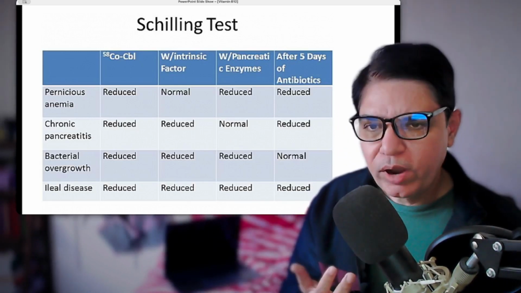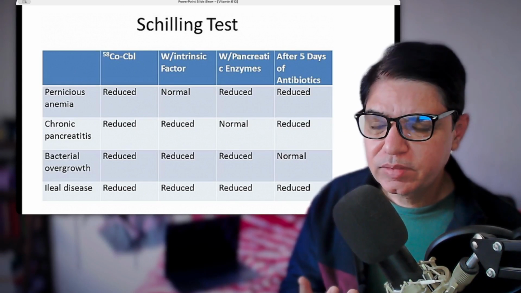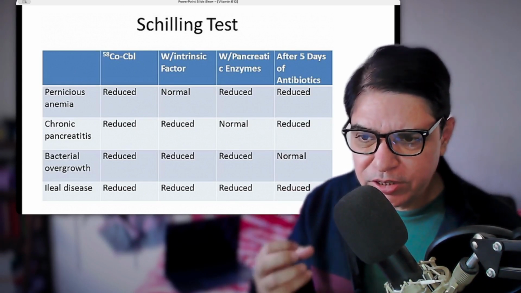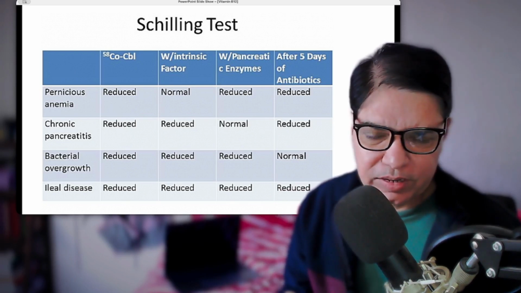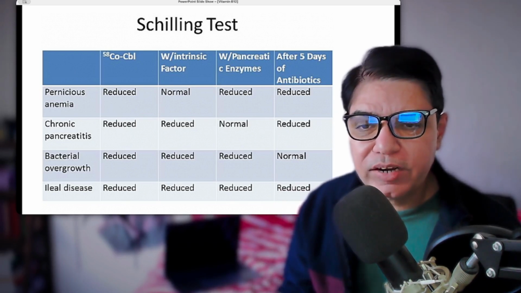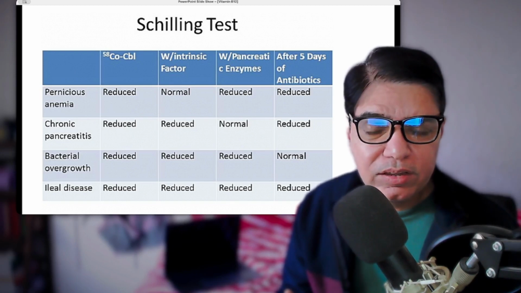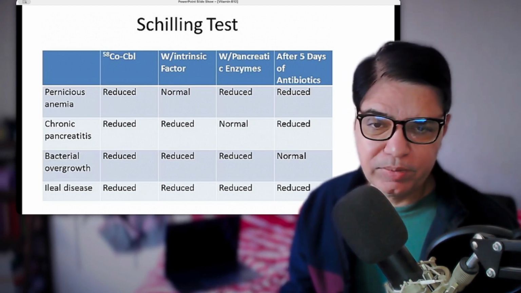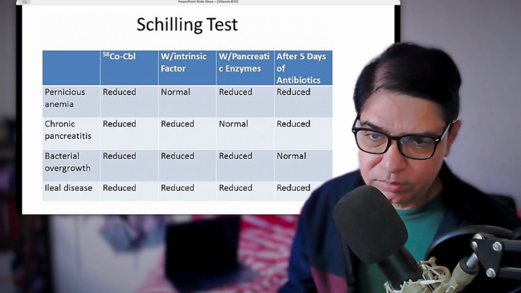So the vitamin B12 level measures the amount of vitamin B12 present in your blood. But as I told you, vitamin B12 levels can be normal and you still might have low vitamin B12.